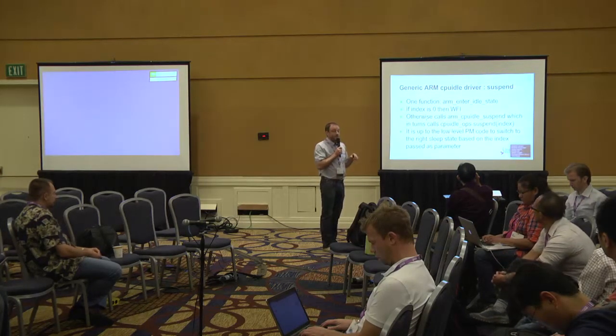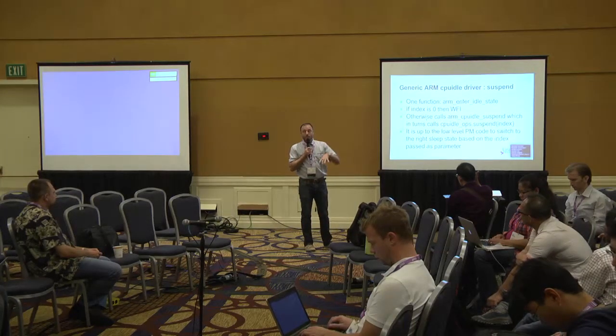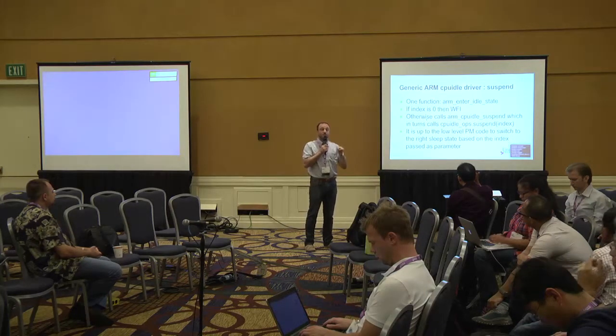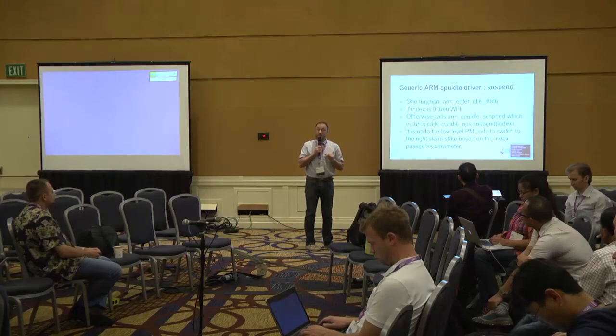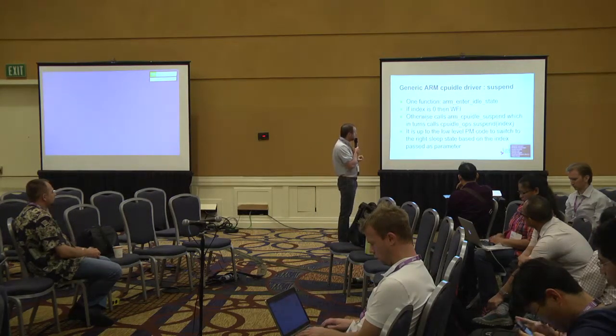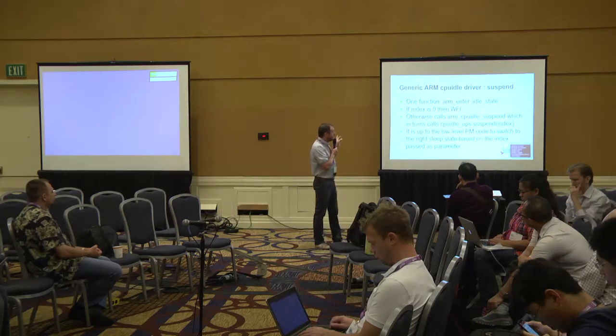Then we have the suspend. Usually in the old cpuidle drivers, we see for each idle state a different enter function. Now we always have the same function, which is the ARM enter idle state, with a default section. When the index is 0, we call just WFI.